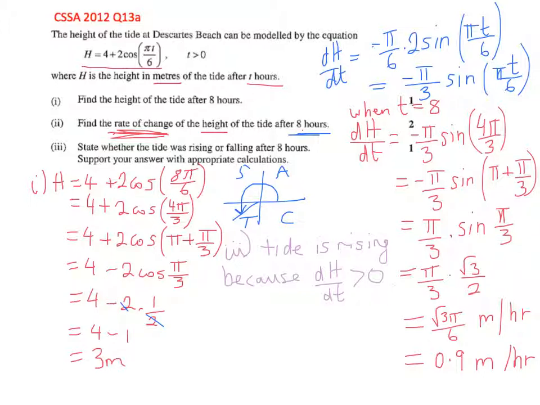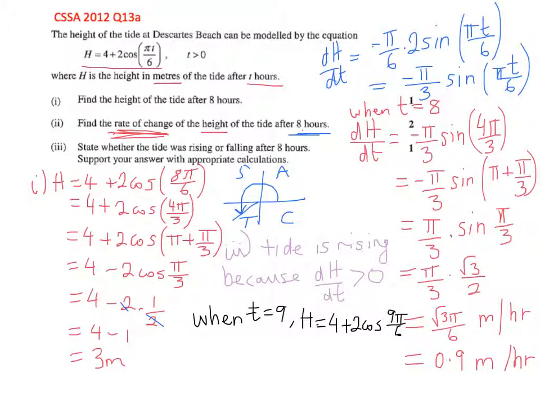Or alternatively, we've already found the height in part A, when t equals 8. The height was 3 metres. We could also find the height the next hour when t equals 9. Whoops, that's pretty big t. When t equals 9, let's find the height. And you end up with, so you get 4 plus 2 cos of 9 pi on 6.